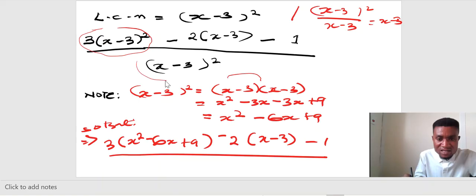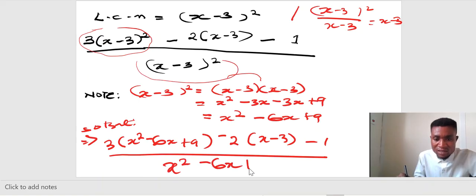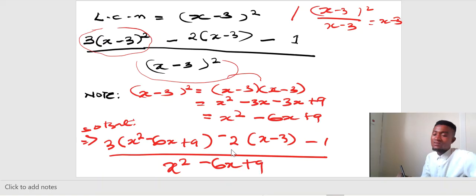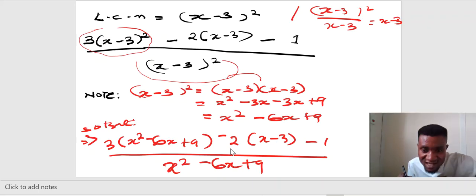Already we have this here, so we return x squared minus 6x plus 9 to this point. The next step is just to simplify and open up all the brackets that we have.